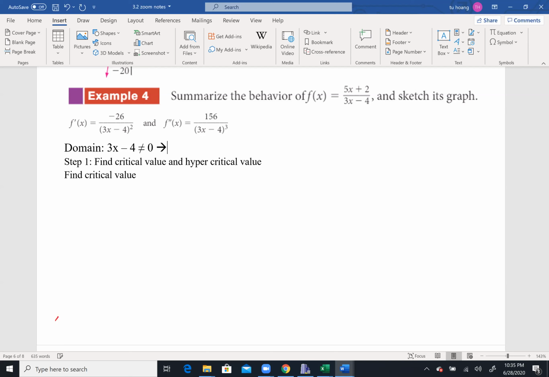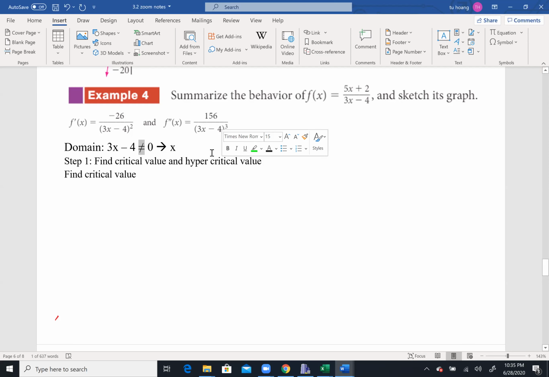So then we have x not equal to 4/3, right? So the domain is x such that x is all real numbers except 4/3.